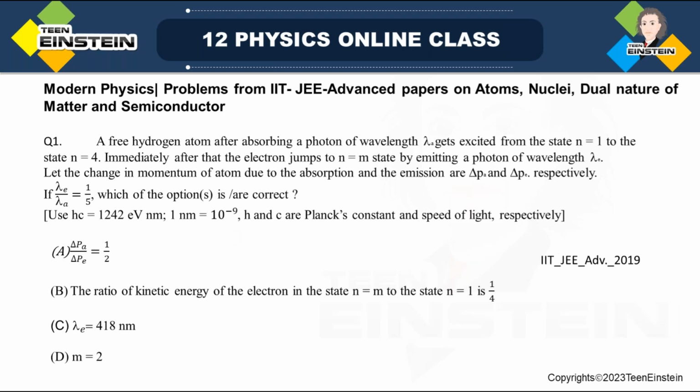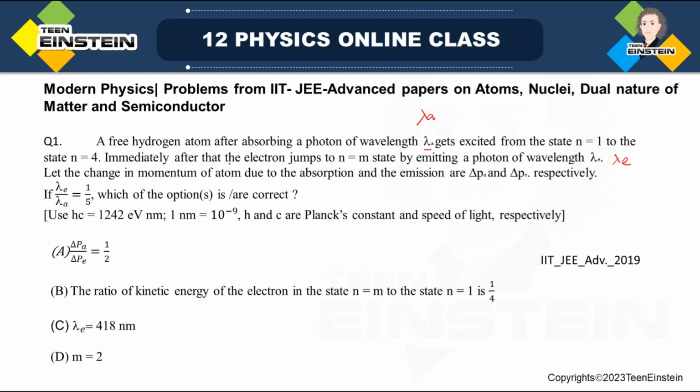So the first problem says, a free hydrogen atom, after absorbing a photon of wavelength lambda a, gets excited from the state n is equal to 1 to the state n is equal to 4. Immediately after, the electron jumps from n to m state by emitting a photon of wavelength lambda e.